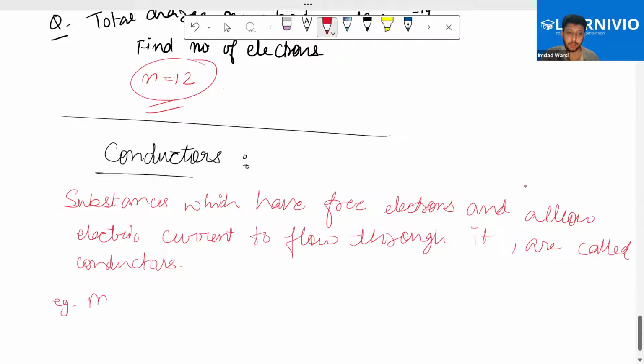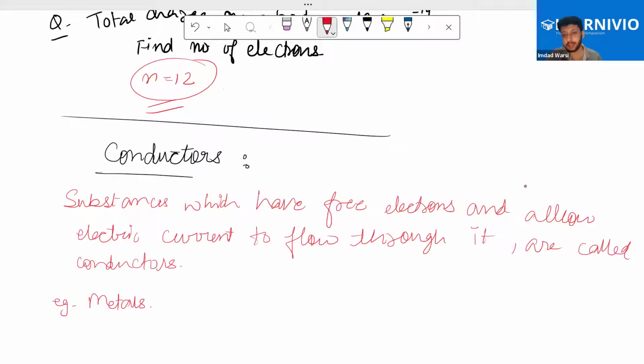Example, metals. Written? Substances which have free electrons and allow electric current to flow through them are called conductors.